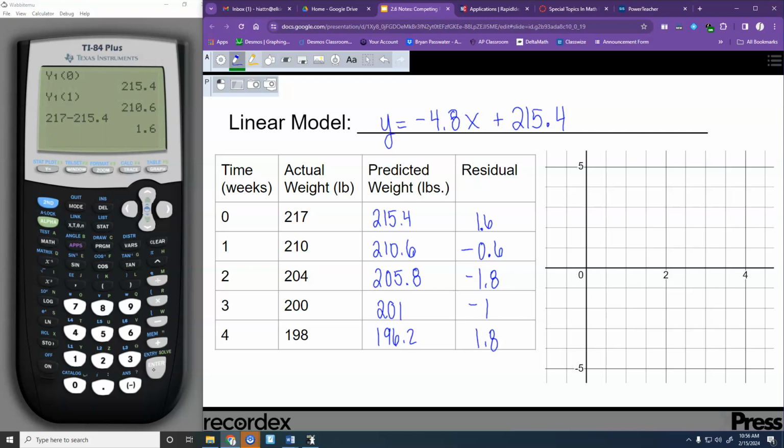So what I want us to graph here is a residual plot. A residual plot takes the original x as your x-axis, and it uses the residual on your y, right? So right here, this is weeks. On the x-axis, we could add in a 1 right there and a 3 if we want. And then the y-axis is your residual.